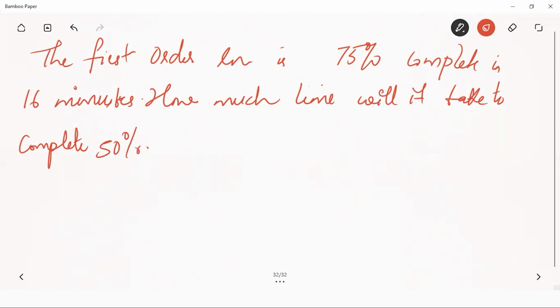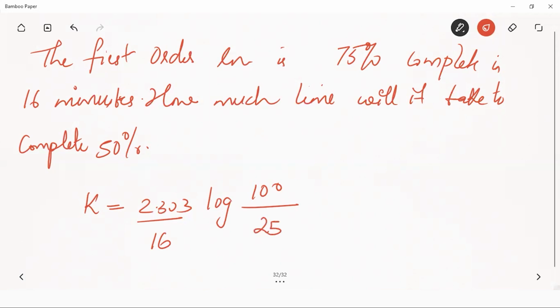And what is the equation for first order reaction? K is equal to 2.303 by time, and time is given as 16, right? 16 log initial. We have to take initial as 100 and now it is 75 percentage complete, which means 100 minus 75, that is now it is 25, right?